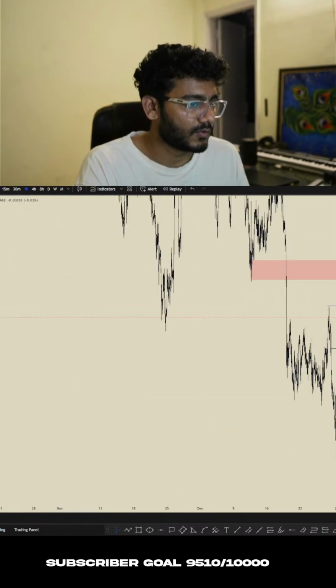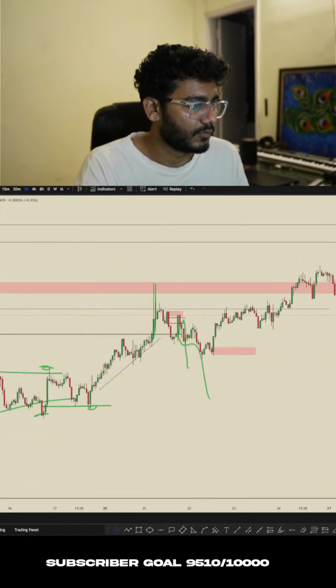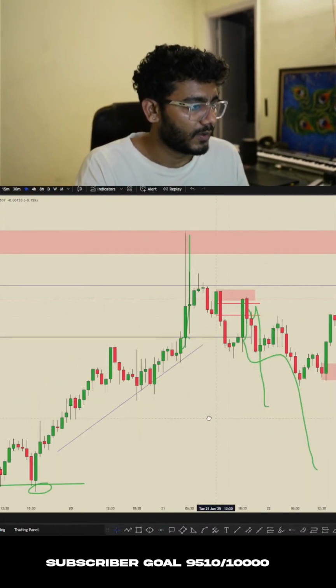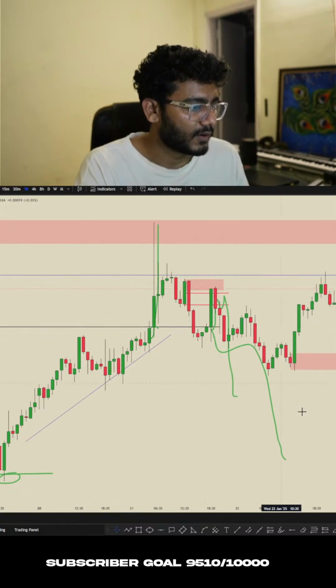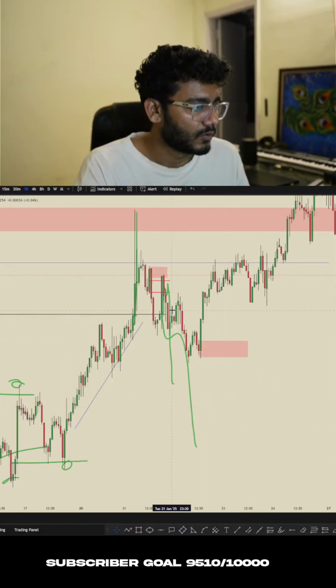Okay, so this was the structure, and I was waiting for price, because price swept the liquidity from here, and then price started to go down. And right now, so this was already done.